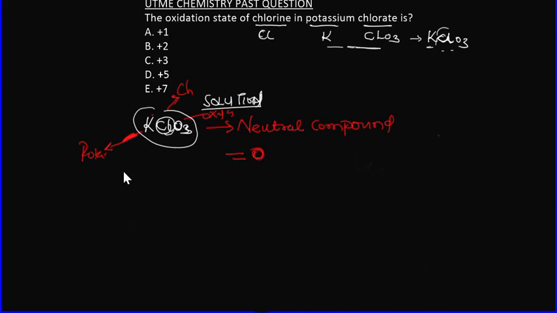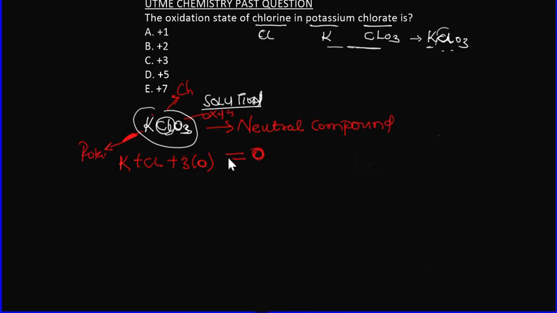It means the sum of potassium and chlorine and oxygen, and take note, oxygen here is not just one atom, it's 3 atoms, so we can put it as 3. This is just one atom of potassium, one atom of chlorine, and 3 atoms of oxygen. That's why I said the sum of the oxidation numbers of the atoms of the individual elements that make up a neutral compound is what?